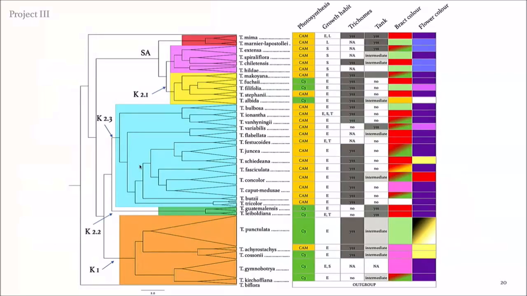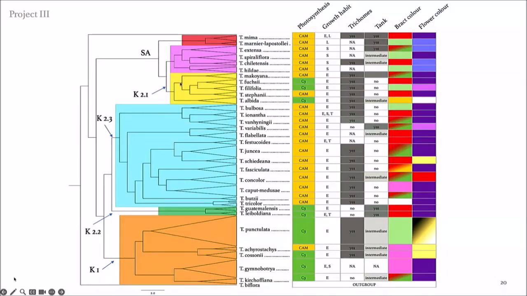And for that, we have a sampling of about 35 species that represent all the subclades of the subgenus Tillandsia. So we have the South American lineage here, and then the Central American lineage. I'm sure you can see that K21 is behaving a bit strangely. I'll talk about that later.